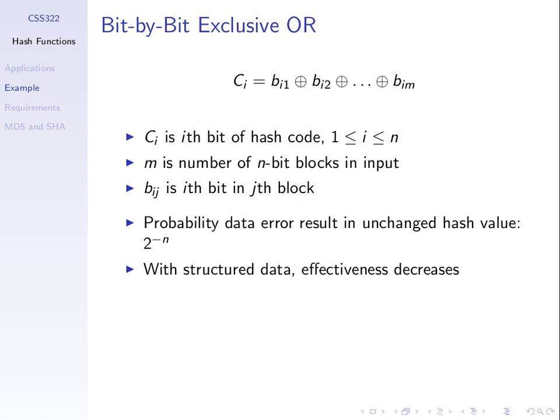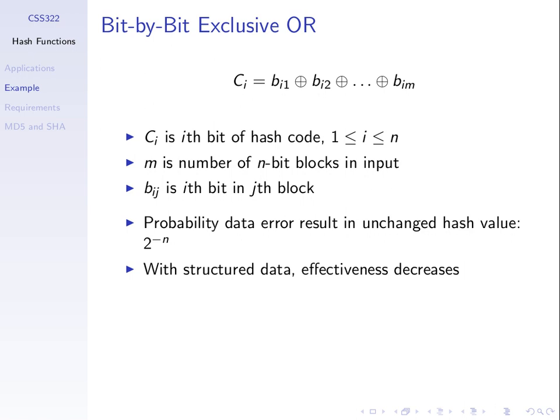Where B11 is the first bit in the first block. B12 is the first bit in the second block. B13 is the first bit in the third block. Block 1, 2, 3, 4.